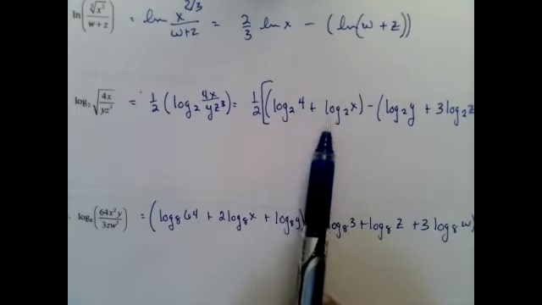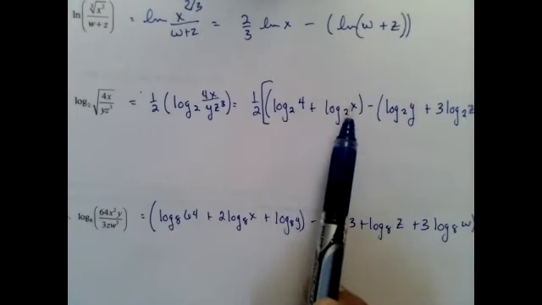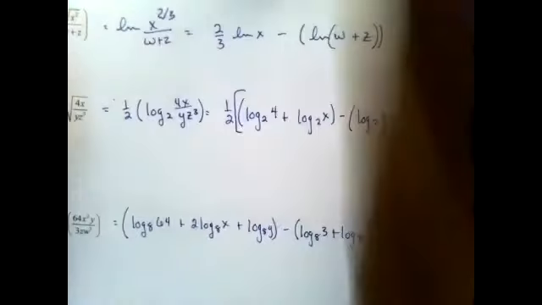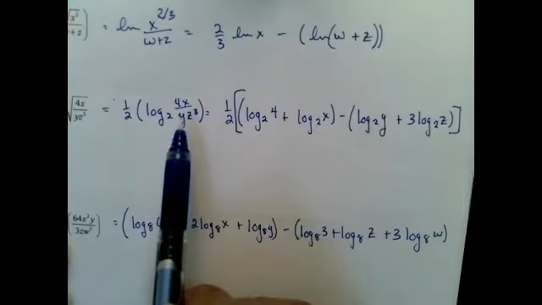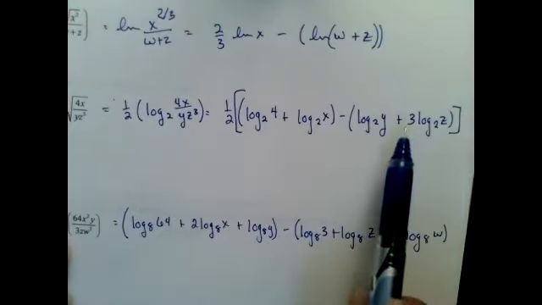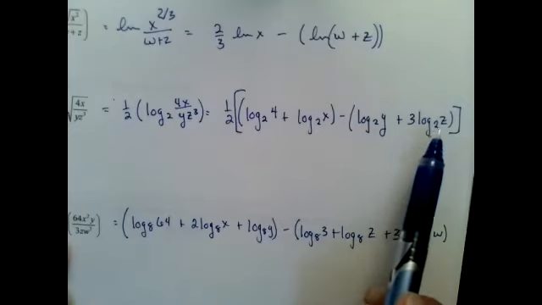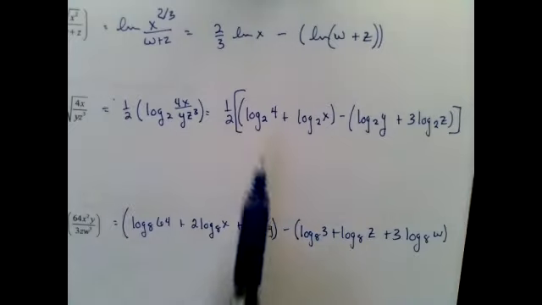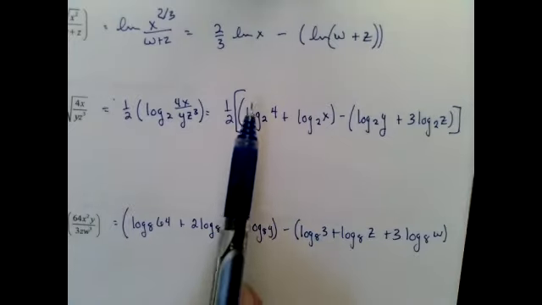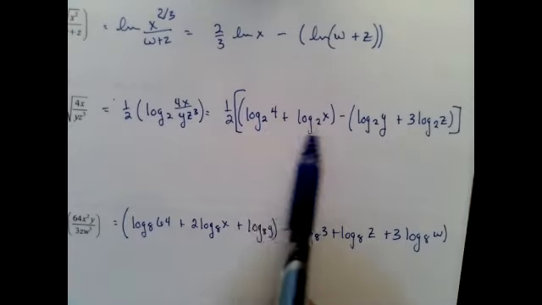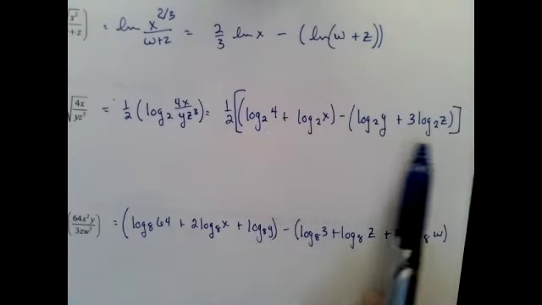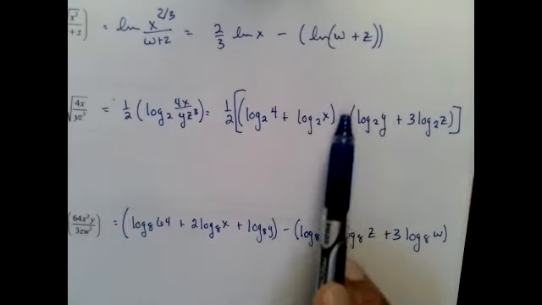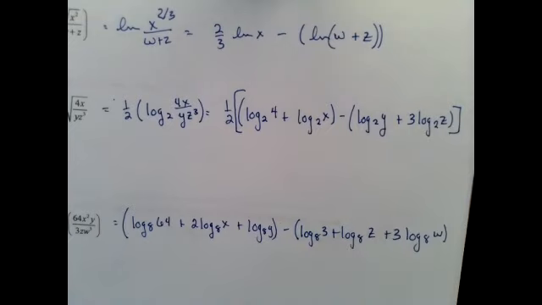So log base 2 of 4 plus log base 2 of x, that's my numerator, minus, and in my denominator, I have log base 2 of y, these are products, plus 3 times log base 2 of z. Got a little bit going there with the square brackets and parentheses. Again, this is my numerator, and this is my denominator. So really it should be minus log base 2 of y minus 3 log base 2 of z.